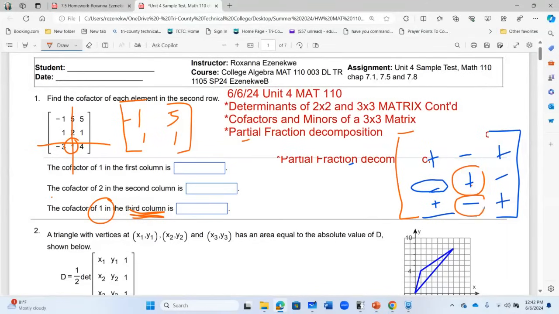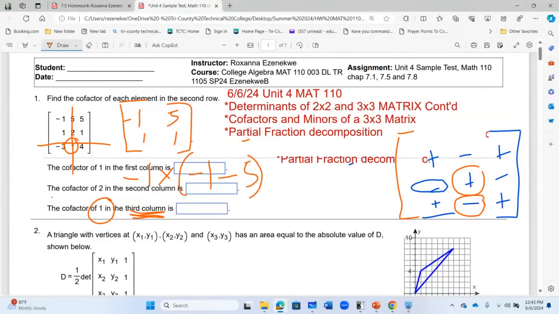The position of 1 in the third column is negative. So I will just have to do minus 1 multiplied by the determinant of this minor, the matrix of minor. Negative 1 multiply 1 is negative 1. Minus 5 multiply 1 is 5.